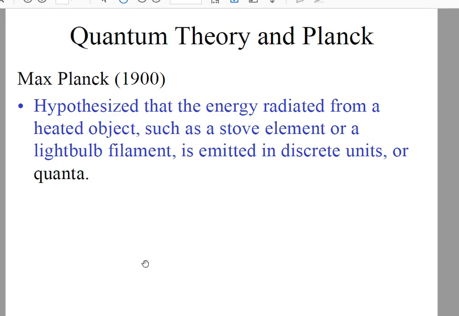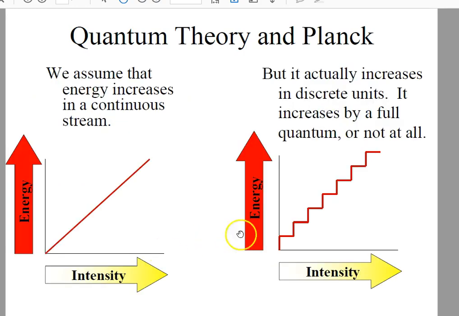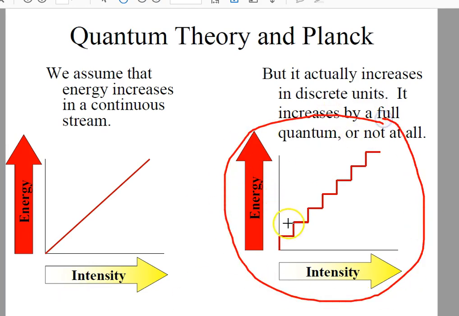So what he was saying was you couldn't have any in-betweens in terms of your energy, but that it had to come off in these steps that you see here. So he's saying there's no way to get this much energy given off, you can see where I'm drawing there. But you can have this much, which would be one packet of energy.